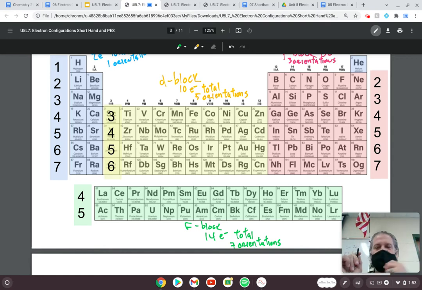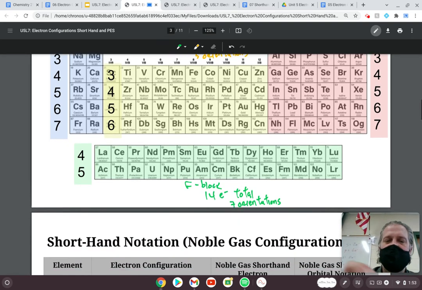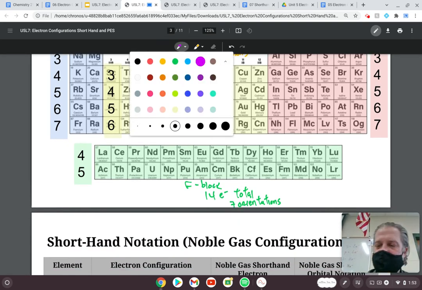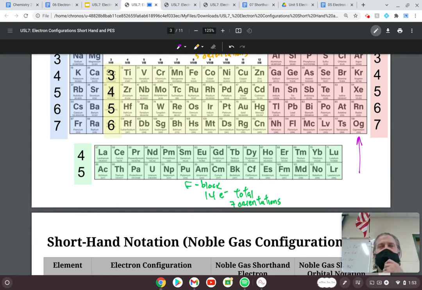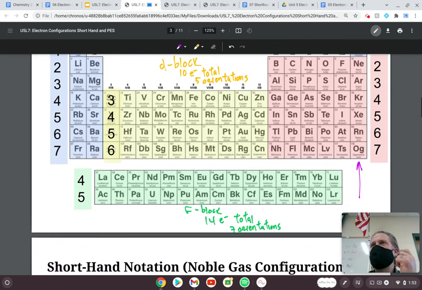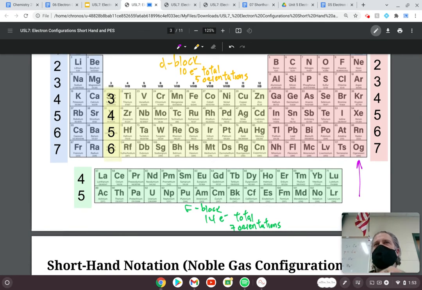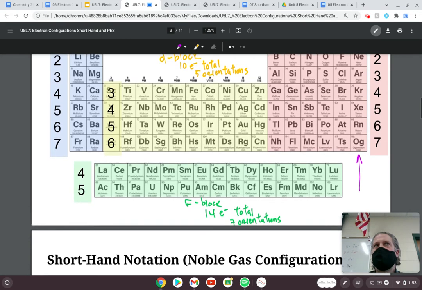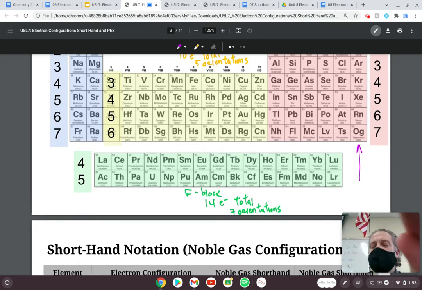Now, the other thing that I want to highlight is this column right here. It's the 18th column of the periodic table. Does anybody know what the elements in the 18th column are called? Stunning silence. These are the noble gases.